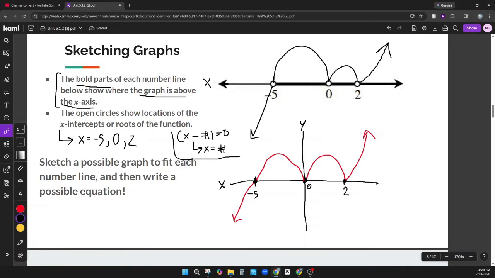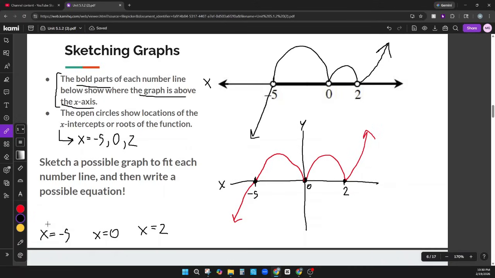I'm being a little bit abstract right here, but generally speaking, when we are finding solutions, particularly x-intercepts when something is equal to 0, we usually set up our parentheses and set them equal to 0, and then solve for what value makes that parentheses equal 0. So we're going to use that fact to now try and make our parentheses here. We're going to create a parentheses in which x is equal to -5, in which x is equal to 0, and for which x is equal to 2.